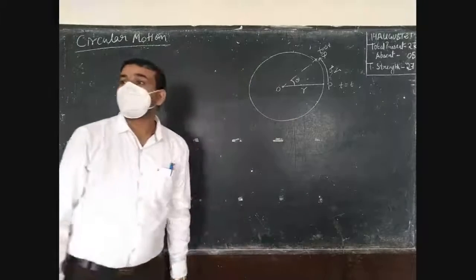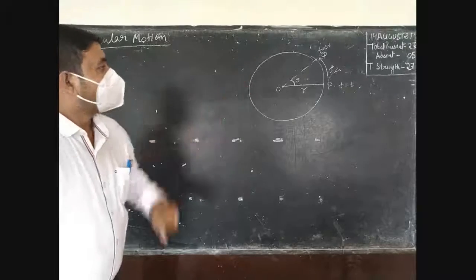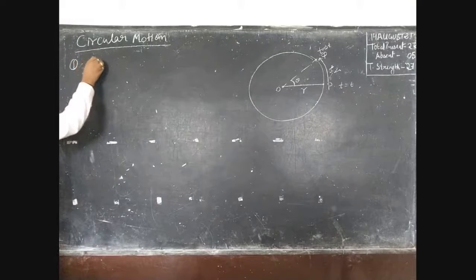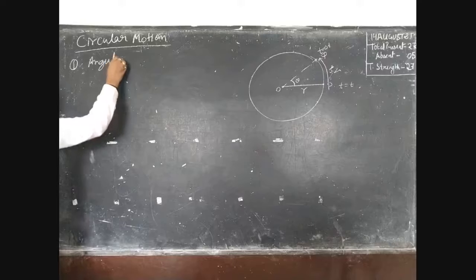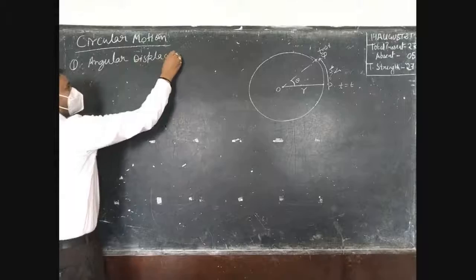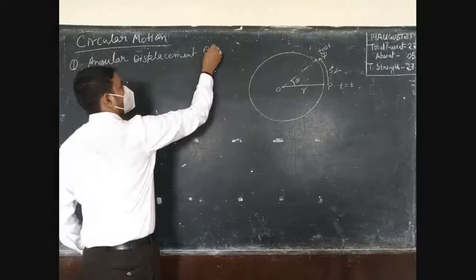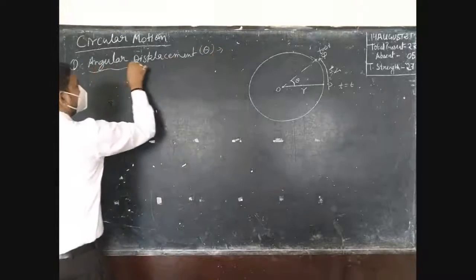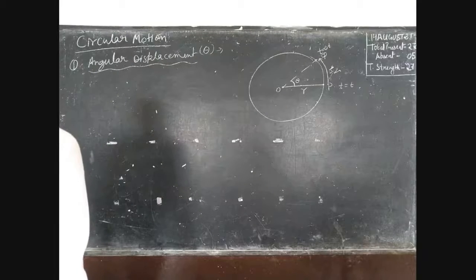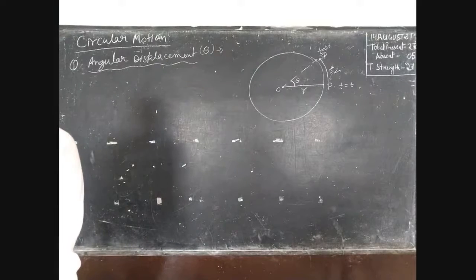Now we have three important terms. First we have the angular displacement. Angular displacement is denoted by theta, and it is equal to the angle swept by the radial vector at the center when it is moving anti-clockwise.